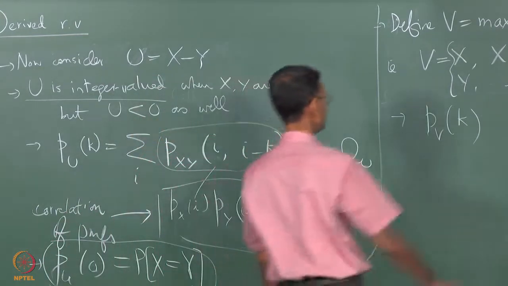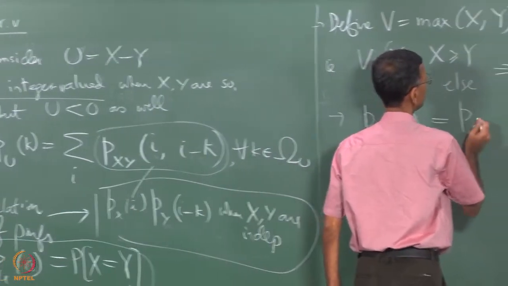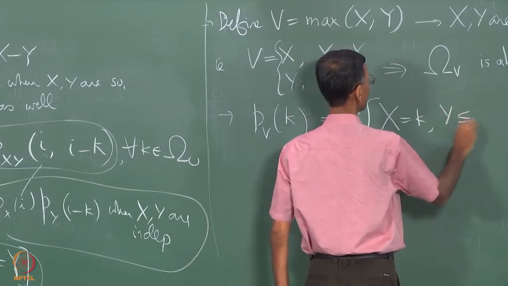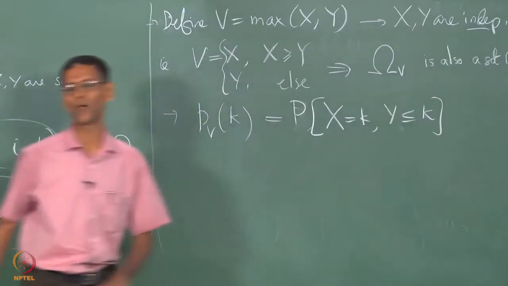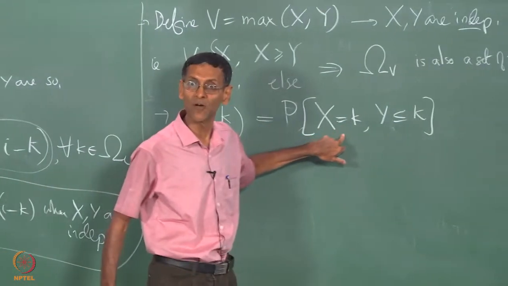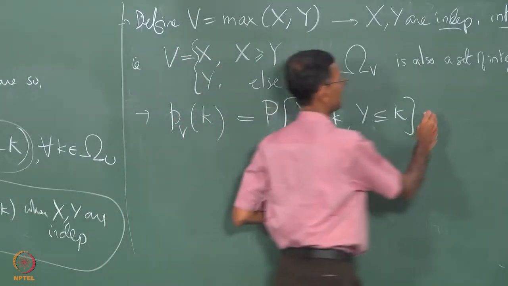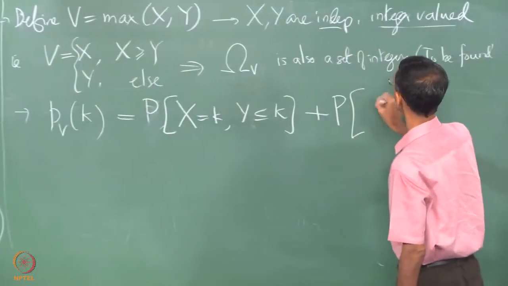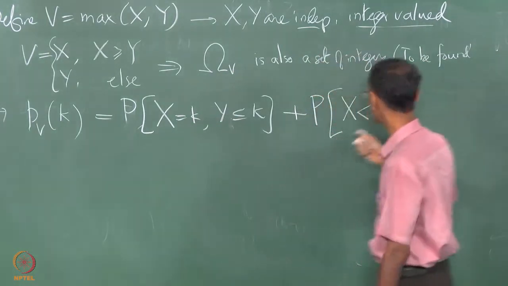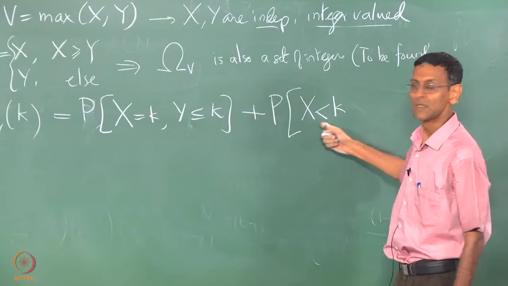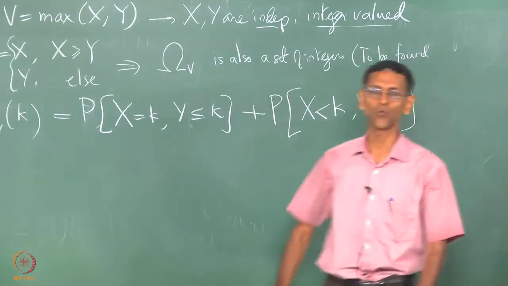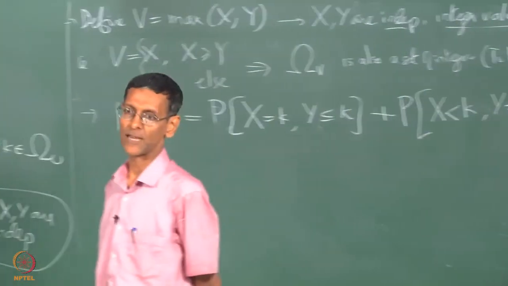So P_V of k is the probability that x equals k and y is less than or equal to k, plus the probability that x is smaller than k and y equals k. To avoid double counting, I insist that x is smaller than k when y equals k. I do not want to count x equal to k, y equal to k twice.